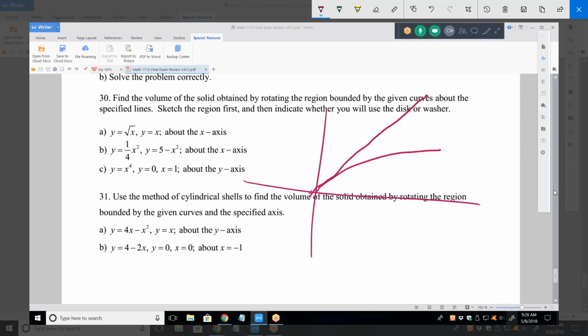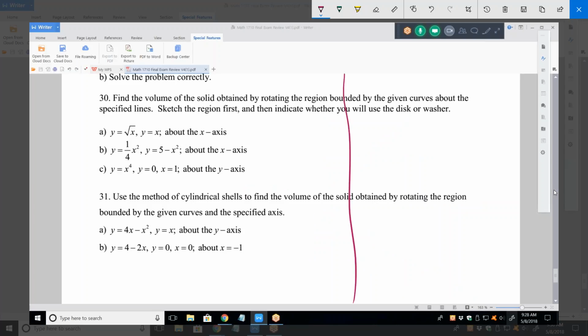I'm rotating the whole thing about the x-axis. So when I get done, I'm going to have a solid that looks like a tulip. Now let's see, where is y? You know what? I didn't draw this correctly. Let me draw this better.